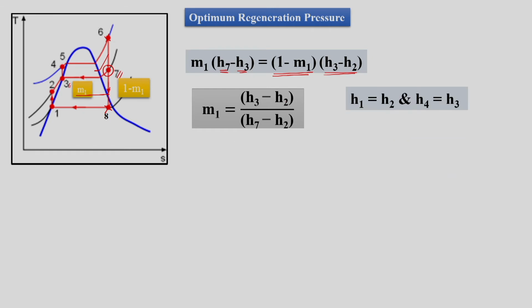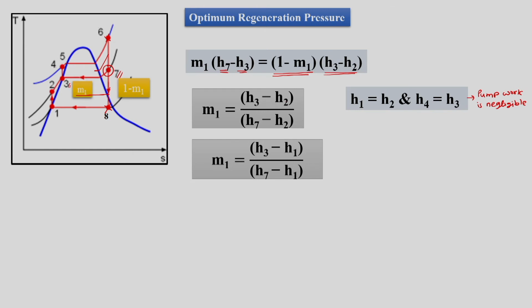Now, we will take some assumptions. The very first is, as is generally said, that H1 is equal to H2, since pump work is negligible. Similarly, H3 is equal to H4. Practically we say that pump work is negligible.